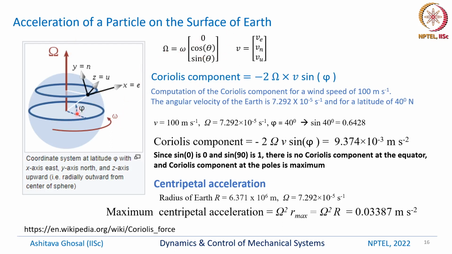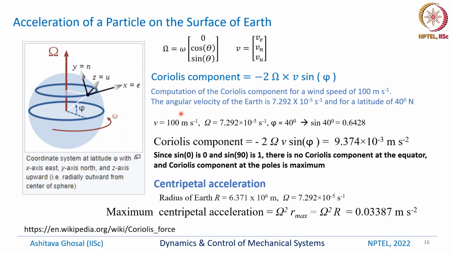So this theta is this angle. Okay, this is theta. And the linear velocity of a point on the surface of the Earth can have three components. It can be along the east direction, along the north direction, and along the upward direction. Okay, so z is u. So there can be three components.